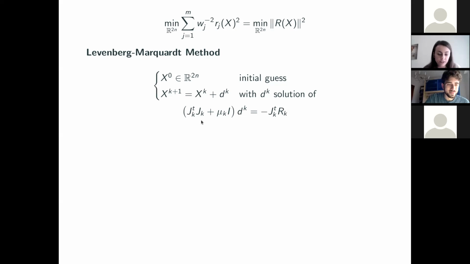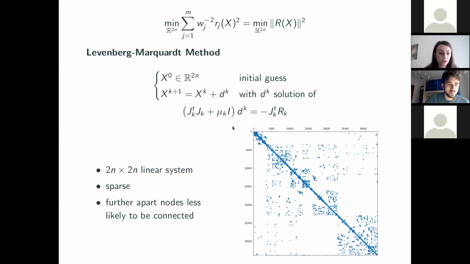So what we're interested in here is this linear system, and there are some things that we can say already about this. So first of all, we know that the matrix is 2n times 2n, where n is the number of points that we are trying to localize. And for the problems that we are interested in, we expect this n to be several millions.